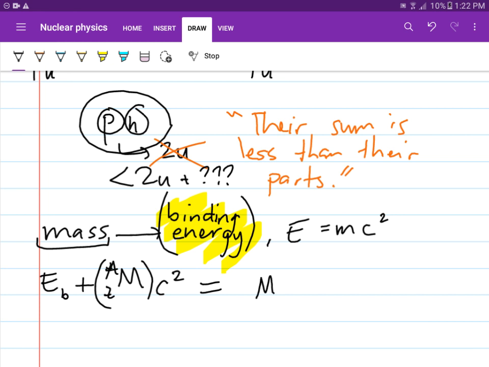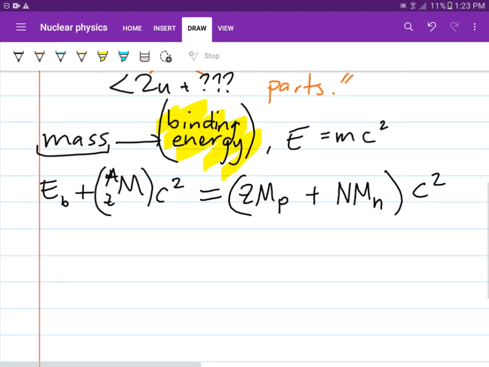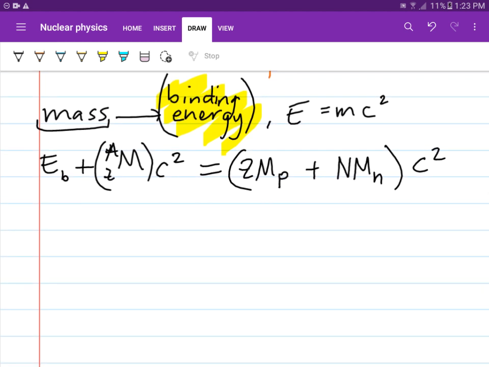So you have here the mass of the proton times the number of protons, Z, plus the mass of the neutron times the number of neutrons, N. Of course, we should also multiply by c squared. So this balances out the individual masses or energies, if you like.